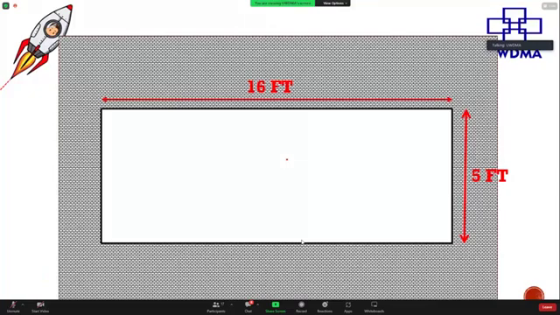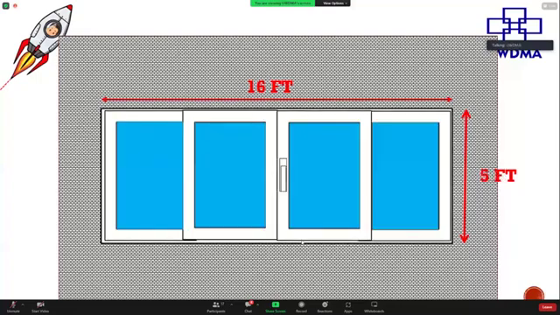So now let's see that there is a huge opening. This window opening is approximately 16 feet wide and the height is 5 feet. So let's see what options we can have here.